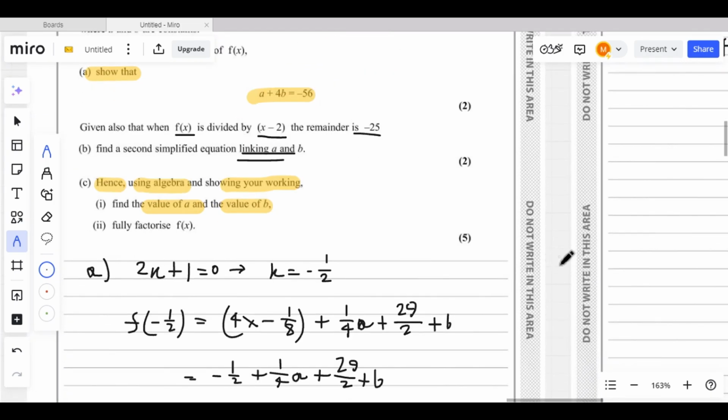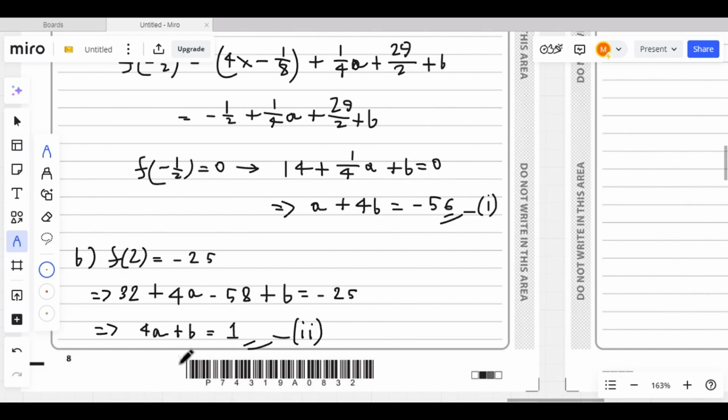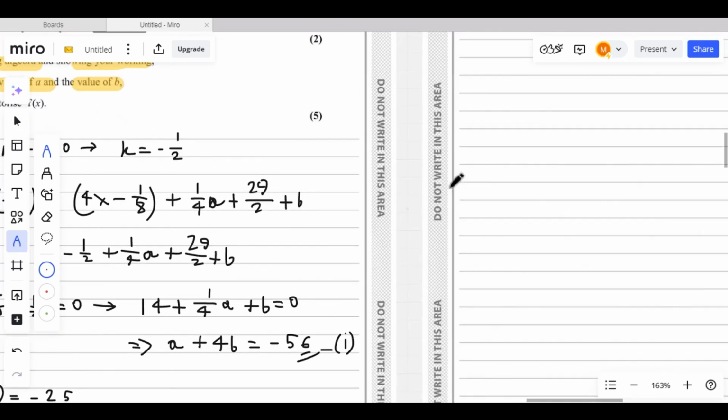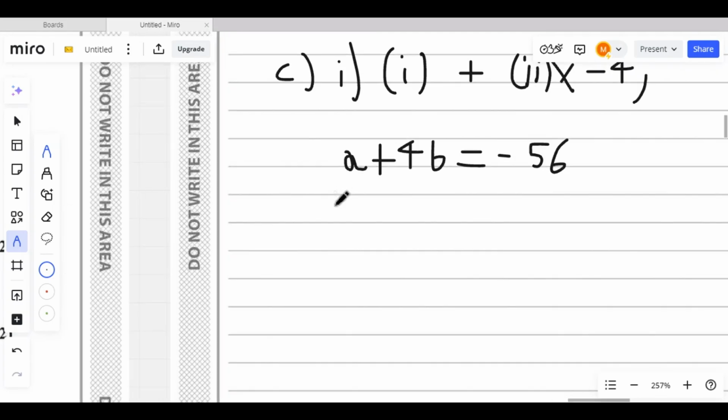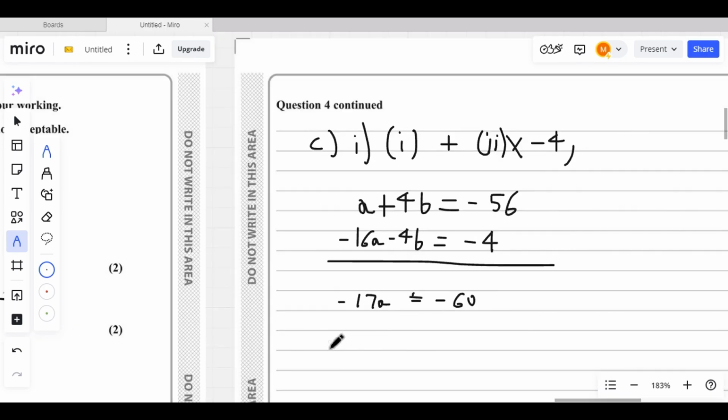And the second equation we got 4a plus b, times negative 4, it will be negative 16a minus 4b equals negative 4. Just using the elimination method. So 4b cancels out. We'll get negative 17a equals negative 60. Right?